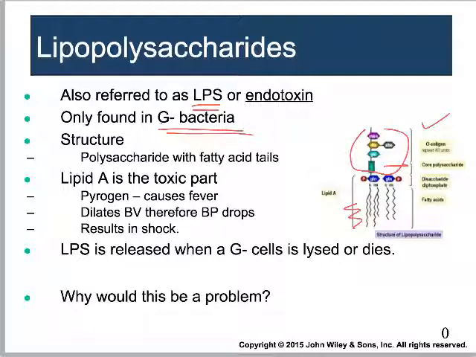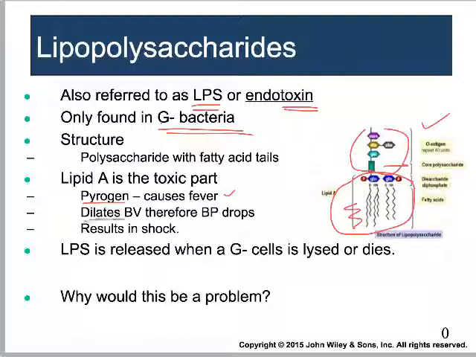It's actually a toxin, so endotoxin, so it's toxic. The part that's toxic is this lipid A part, the bottom part, the part that's hydrophobic. What it does is it's a pyrogen, so it causes a fever. Pyro is like pyromaniac, so fire. It heats your body up.